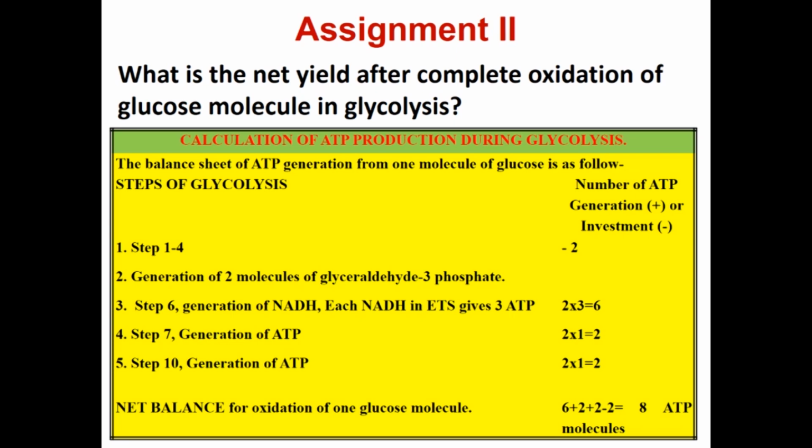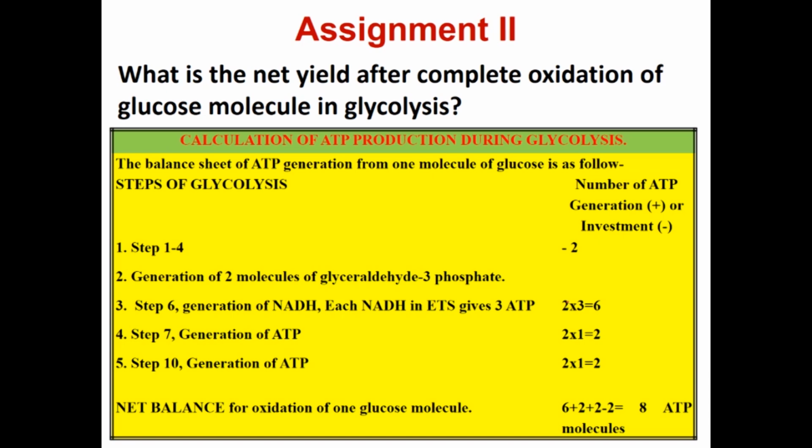What you see is that in steps 1 to 4 you are using 2 ATP molecules, whereas in the subsequent steps, like step 6, step 7 and step 10, you are generating NADH and ATP.